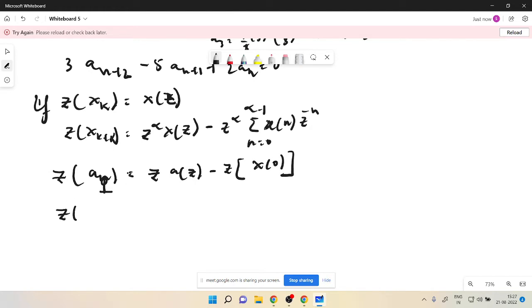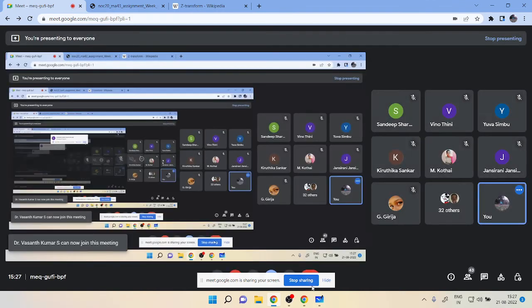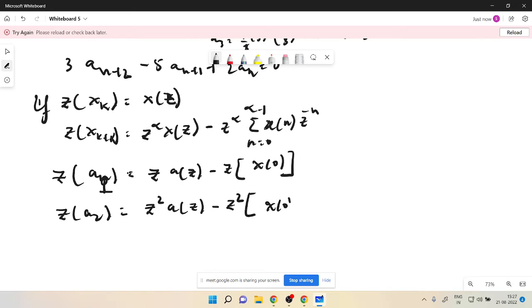Z of a2 equals z square A of z minus z square times x of 0 into z power minus 0 plus x of 1 into z power minus 1, right?